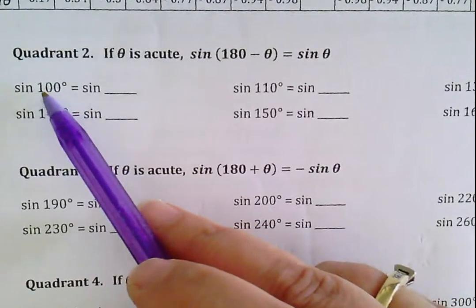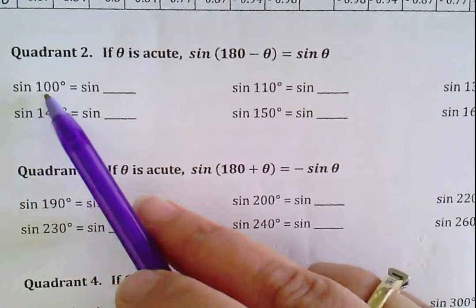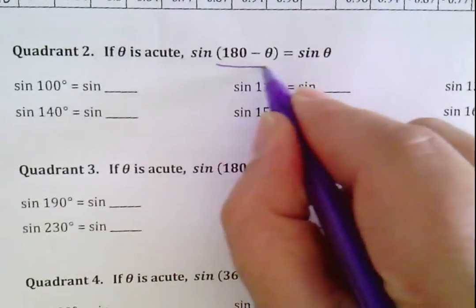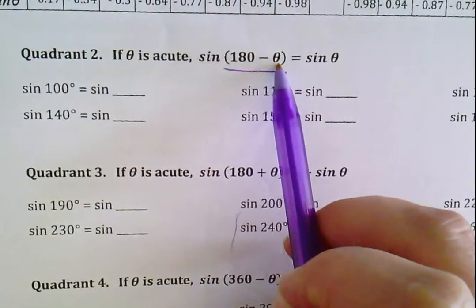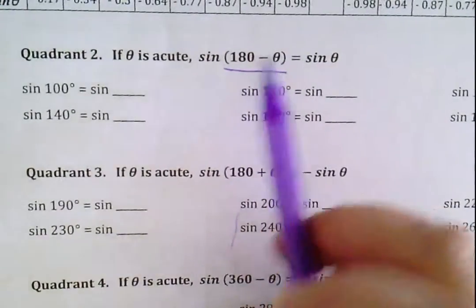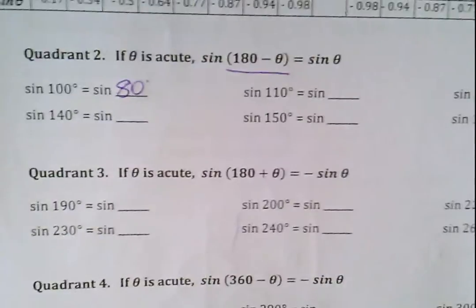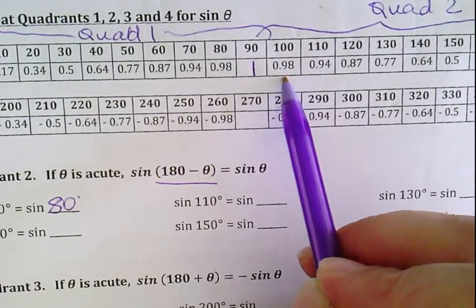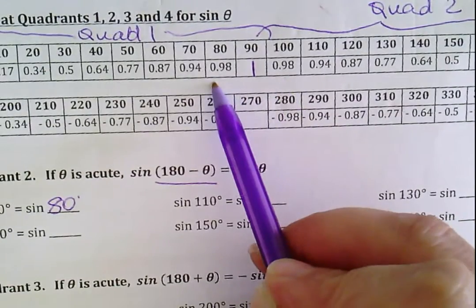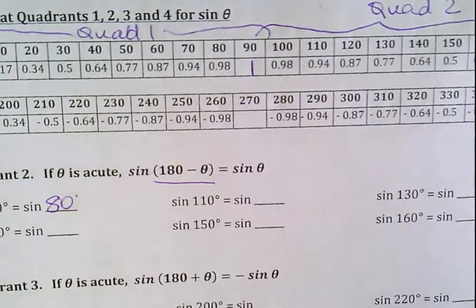Quadrant 2 is between 90 and 180. If we try and put 100 in this format, it is 180 minus something. What's that something? 180 minus what is 100? If you look at your table, sine 100 is 0.98. It equals sine 80, which is 0.98.